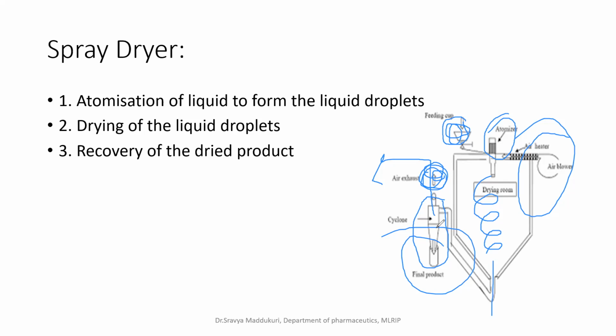And it is a one-step continuous unit operation that employs liquid atomization. The first step is the liquid atomization to form liquid droplets that are dried to individual particles. The three stages I told you are atomization, drying and recovery. During atomization, there is a nozzle or a rotary atomizer. The atomizer is very simple.